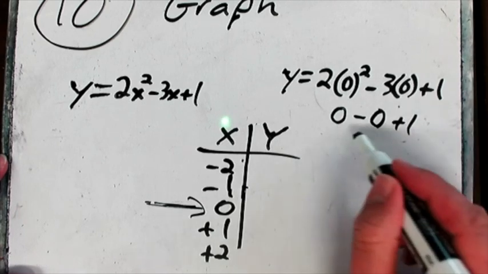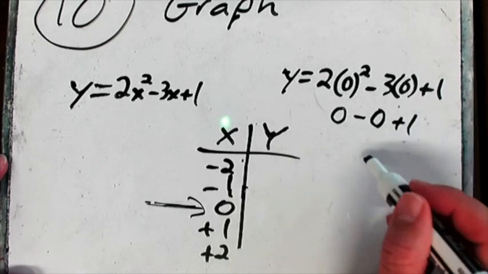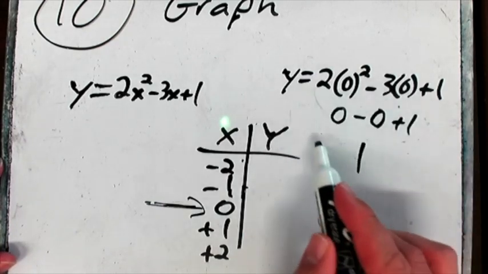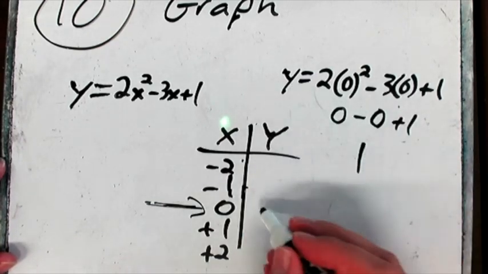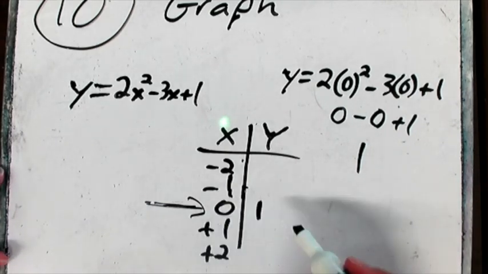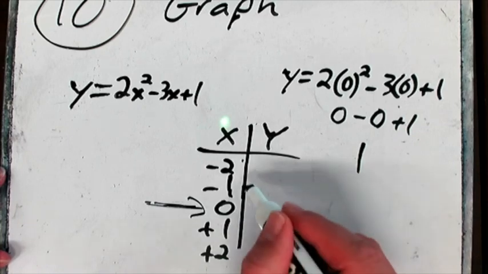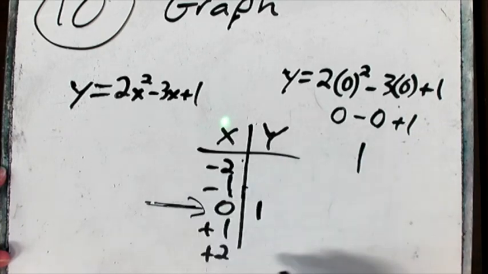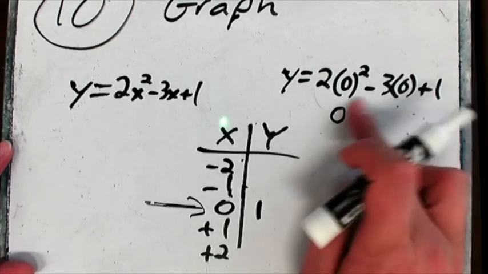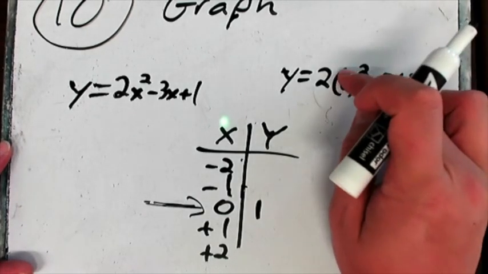Plus 1. 0 minus 0 plus 1 is just 1. See how I solved all that stuff? Now I got y equals 1, so 1 is the answer for the corresponding 0. But I still have to do this one, this one, this one, and this one to show me the rest of the graph when we actually put it all together. So let me do a quick erase here.